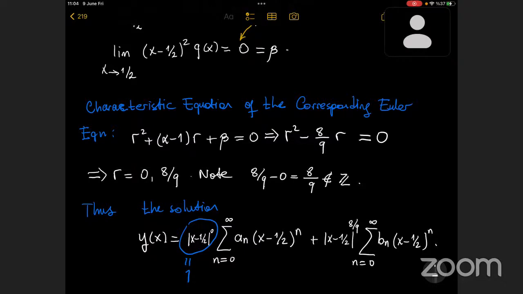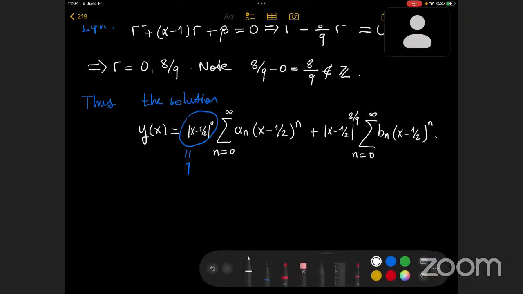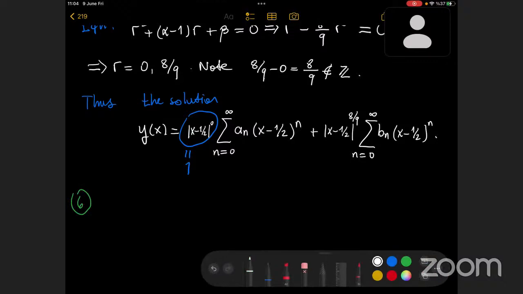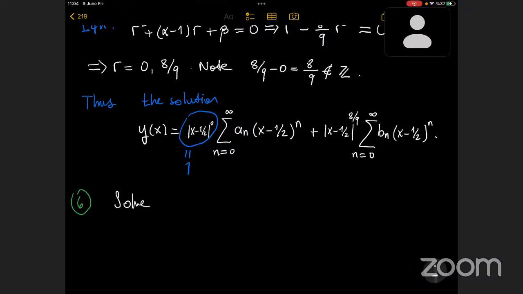Let's do one more example, then we will stop here. So this is the last topic of the course, heat equation. Solve the heat equation: 2 times u_xx is equal to u_t, x is between 0 and 6, t is positive.